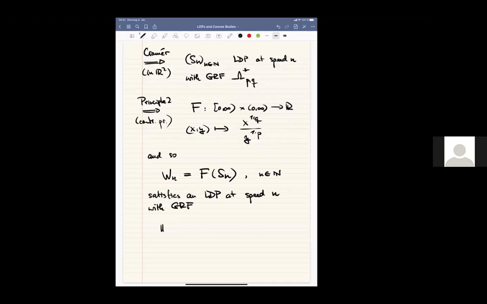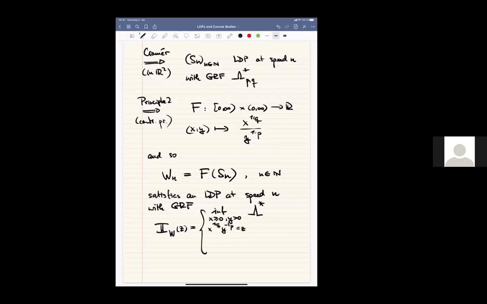So the good rate function, let me call it I_W of z, is the infimum over all x, y positive such that x to the 1 over q, y to the minus 1 over p, is equal to z.